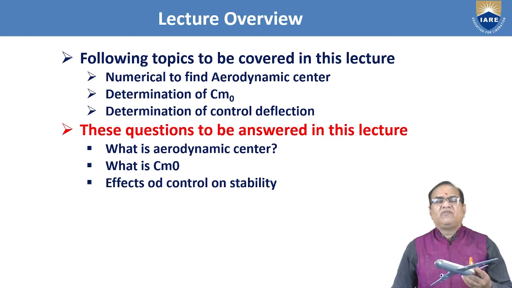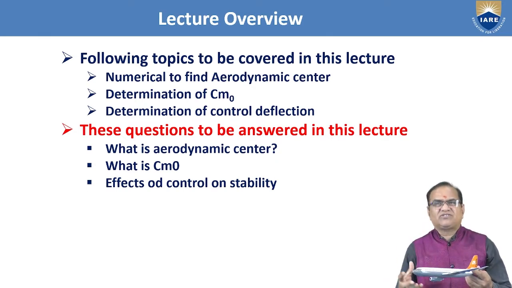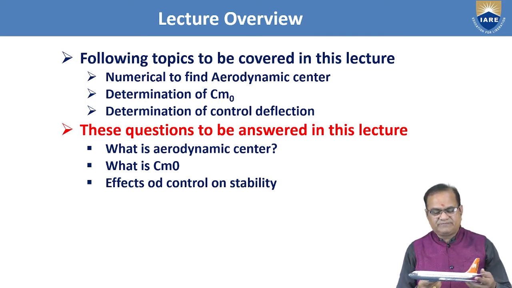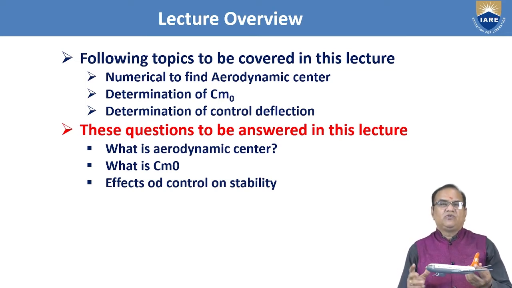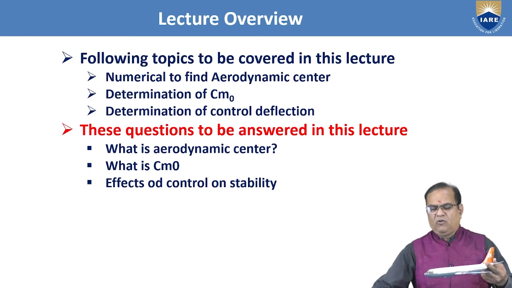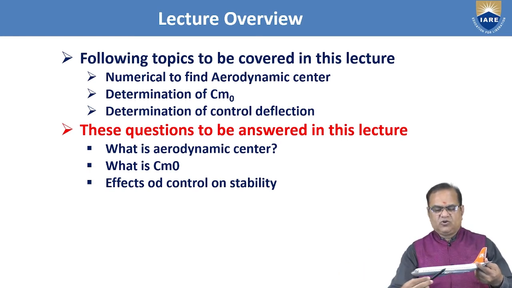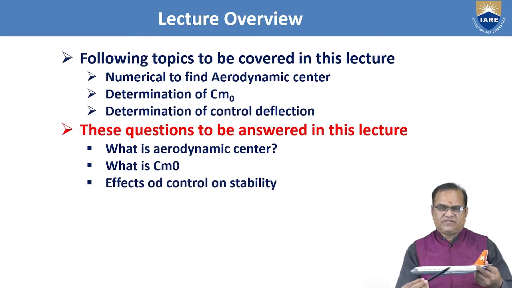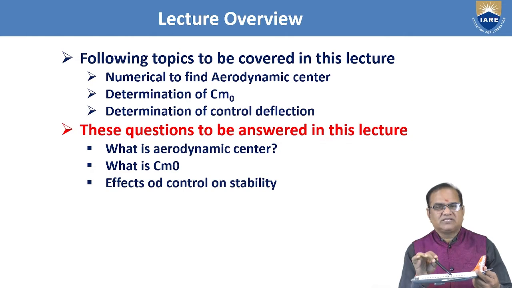Now we will discuss the first topic, the aerodynamic center. So what is the aerodynamic center? We know that if the flow is coming from here, the wing will generate some lift, and this lift will act at a point. That point is called the center of pressure.